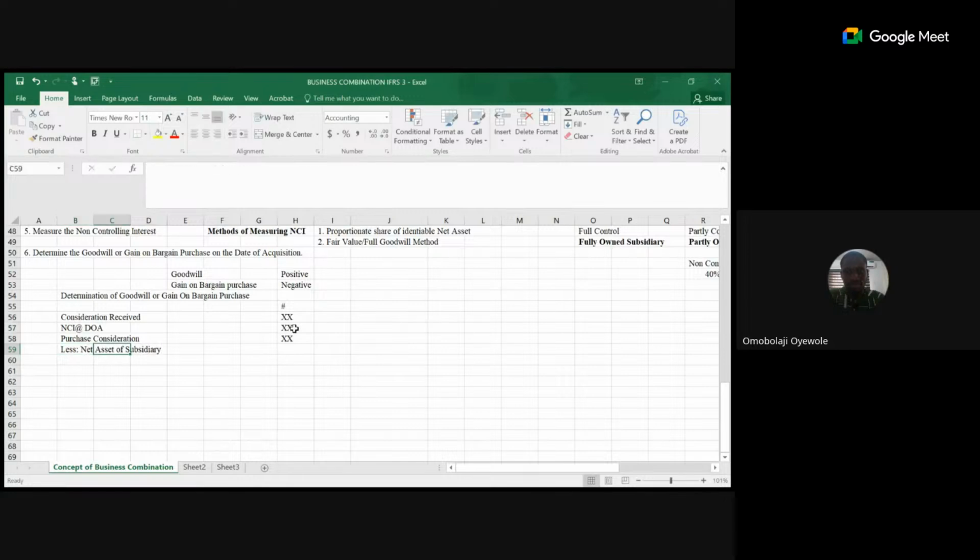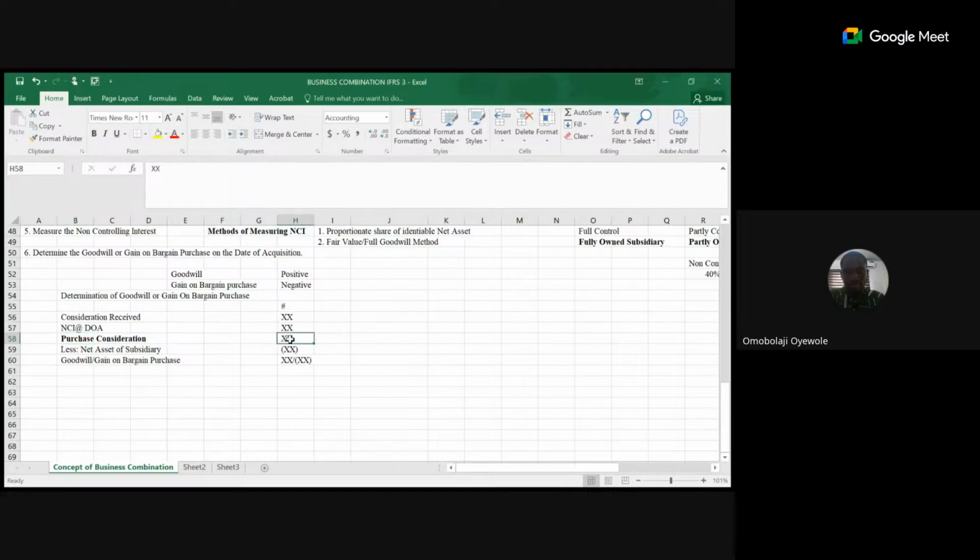The subsidiary. So when you less the net assets of the subsidiary, that will give you goodwill or gain on bargain purchase. So if it's a goodwill, it will be what? Positive. If it's a gain on bargain purchase, it will be what? Negative.